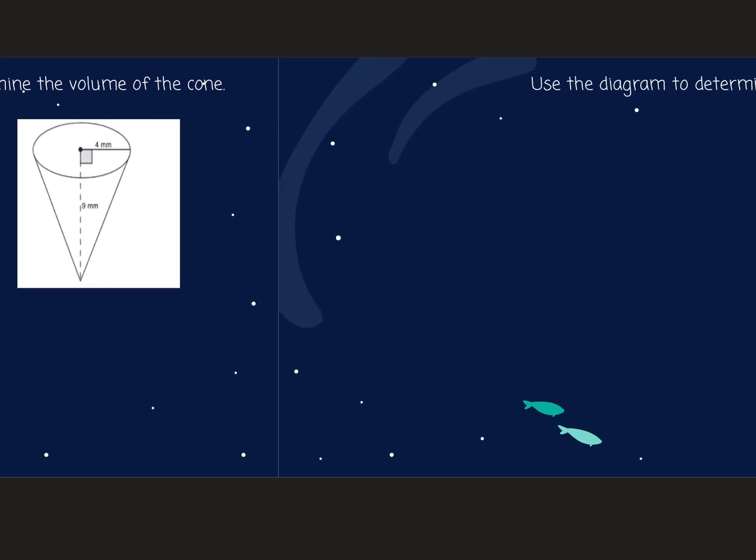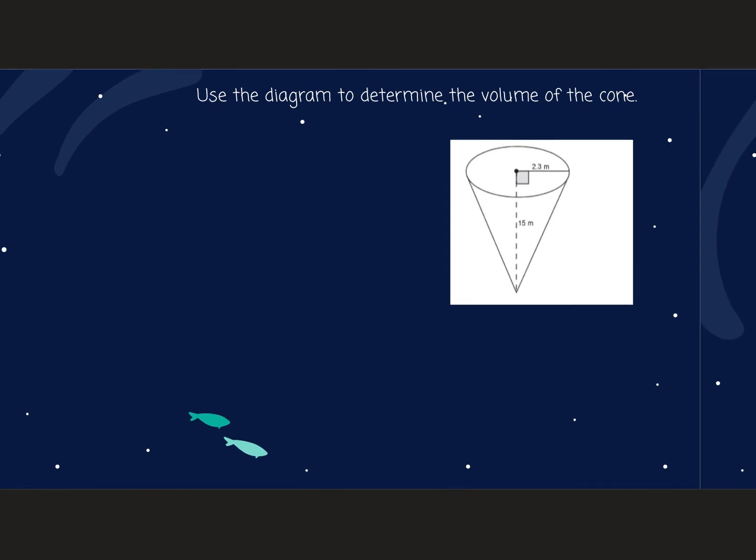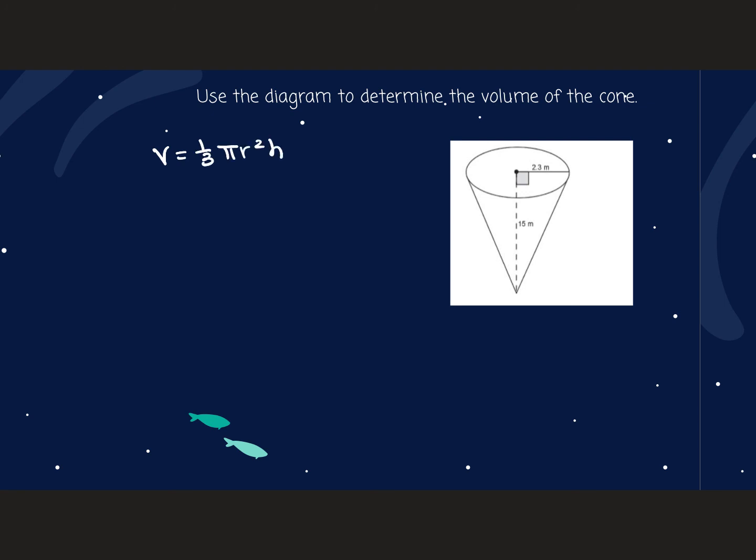Let's take a look at another example. We're doing the exact same thing here. Our formula for volume of a cone is V equals 1/3 pi r squared h. So V equals 1/3 times 3.14 times our radius of 2.3. Remember, our radius is squared, times our height of 15.